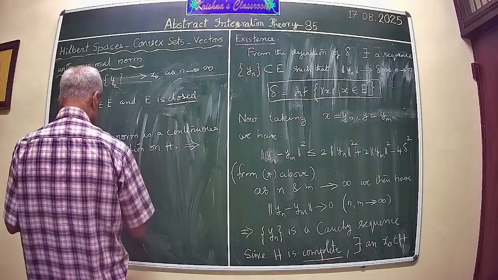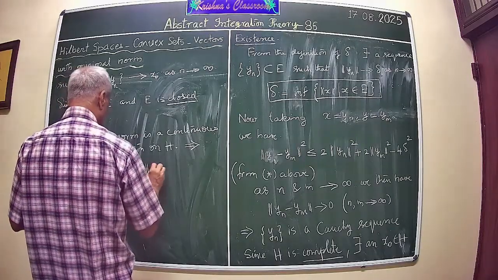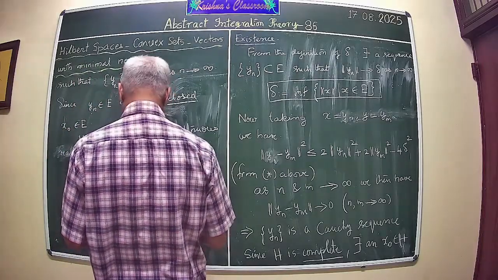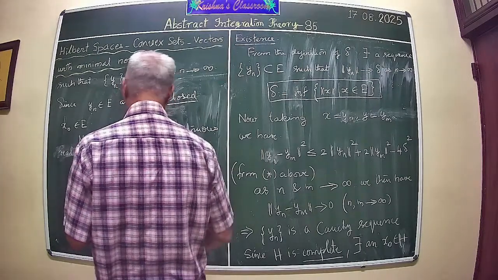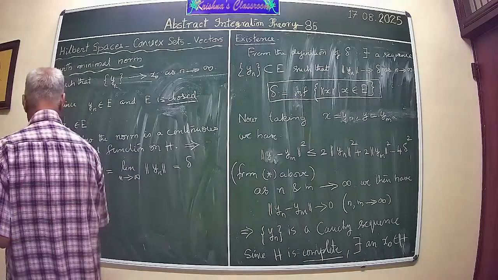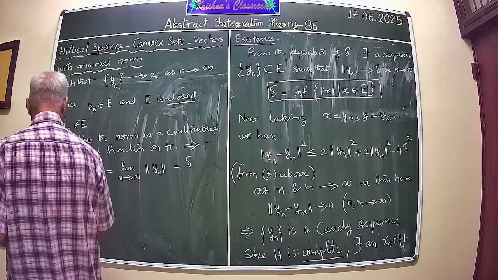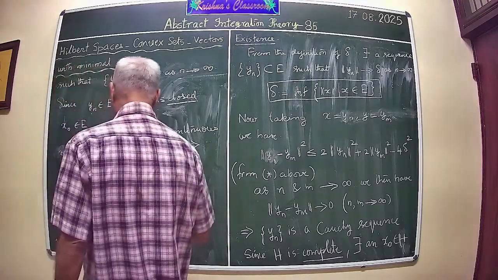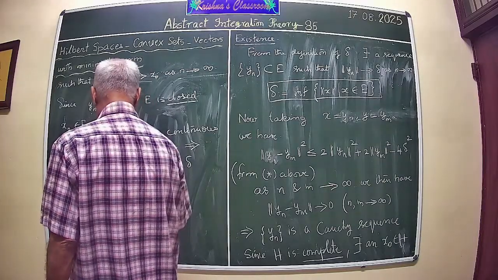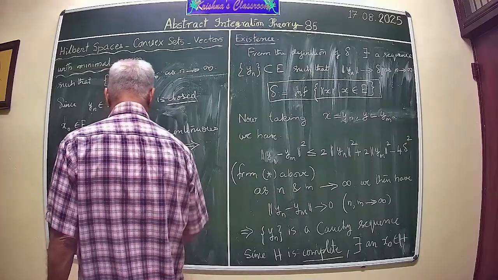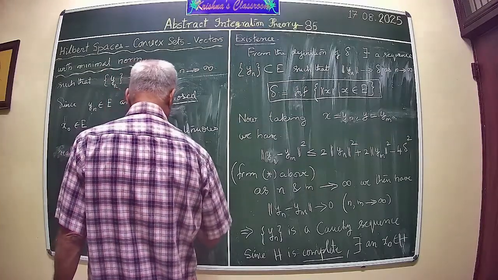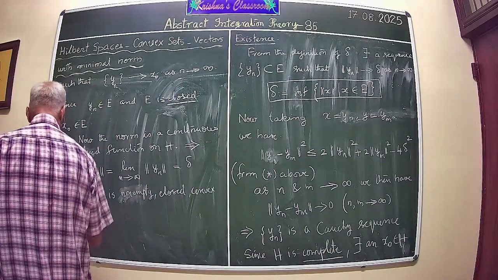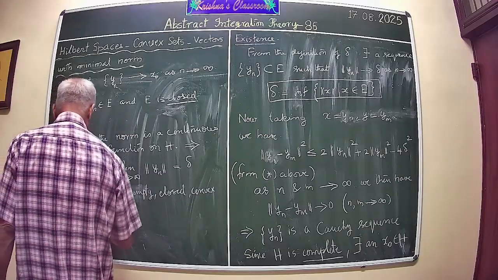which is equal to delta. Thus, if E is a non-empty closed convex subset of the Hilbert space H, there exists a unique element of minimum norm.